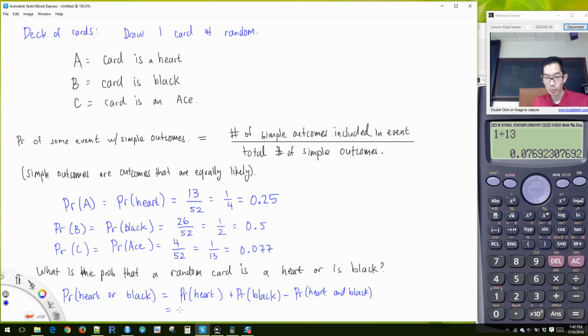The probability that the card is a heart is 0.25. The probability that the card is black is 0.5. Can a card both be a heart and black at the same time? No, these are mutually exclusive events, so the probability of heart and black is 0, and so we get 0.75.